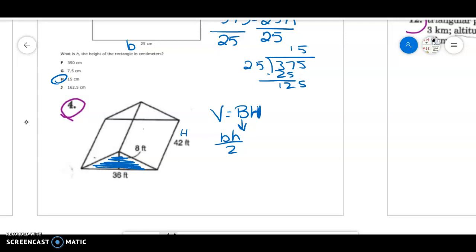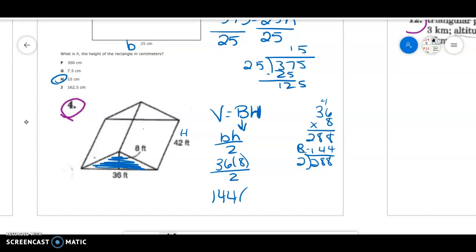So for big B, I'm going to say 36 times 8 divided by 2. 36 times 8, 48, carry the 1, 28. And then again, don't forget to divide by 2. So I have 144. This is my big B, and then my big H is 42.